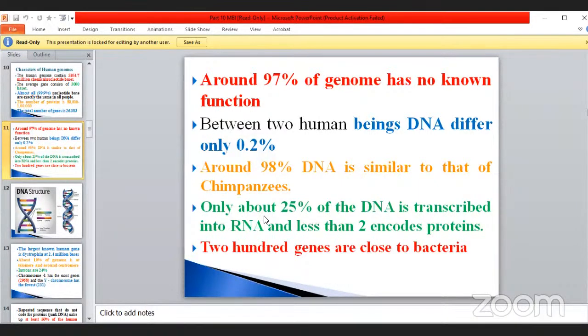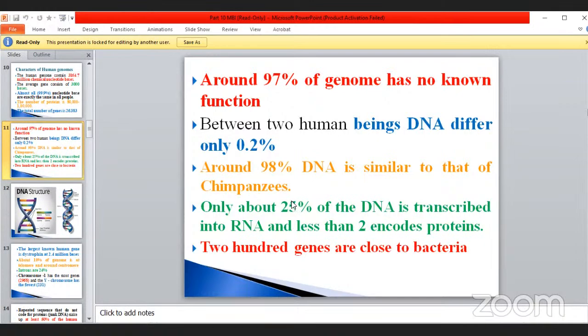And the next, only about 25% of the DNA is transcribed into RNA and less than 2% encodes protein. So this is another point. 25% of the DNA is transcribed.